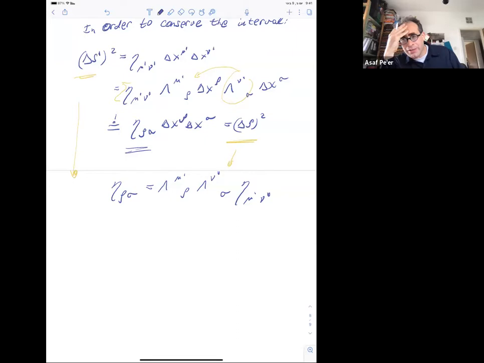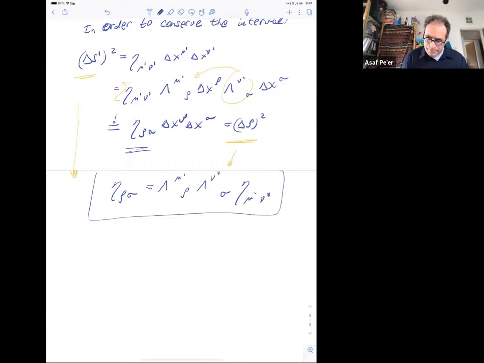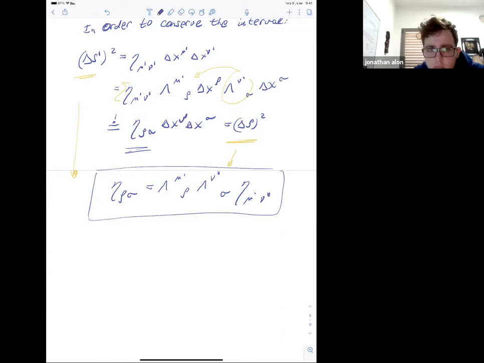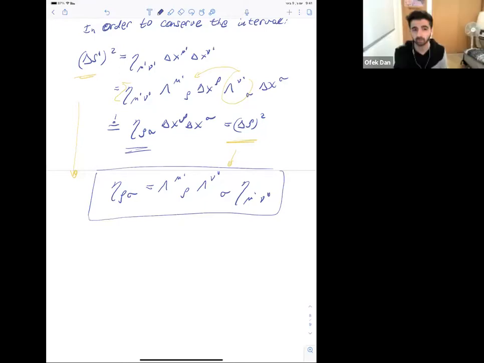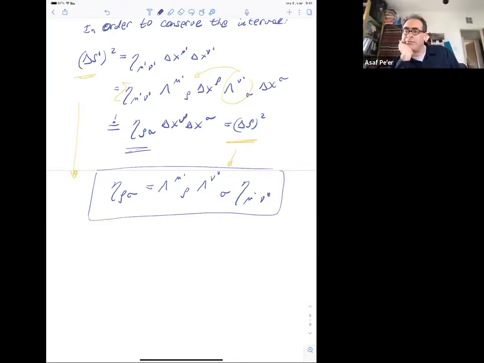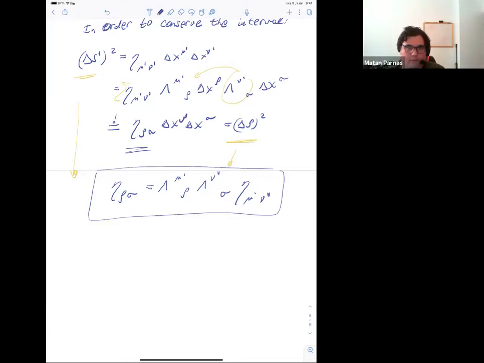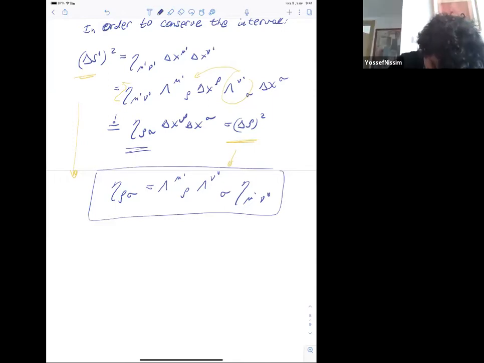How many equations did I just write? How many equations do you see here? Rho times sigma. What is rho times sigma? Give me a number. 16. 16 equations are written here, because rho and sigma each go from 0 to 3.